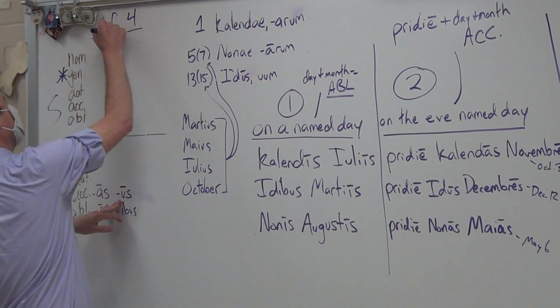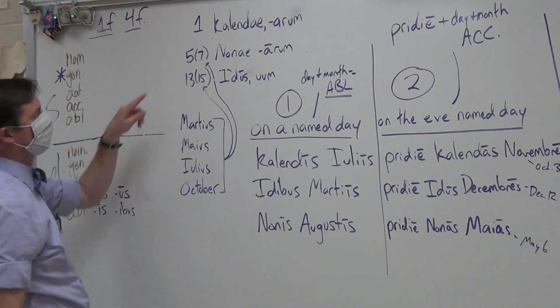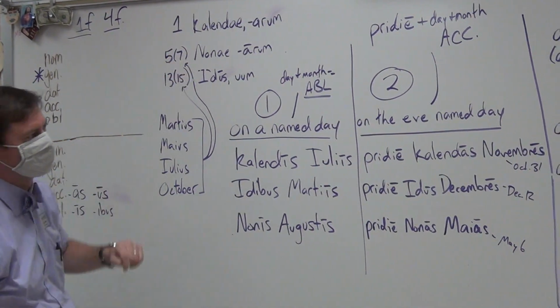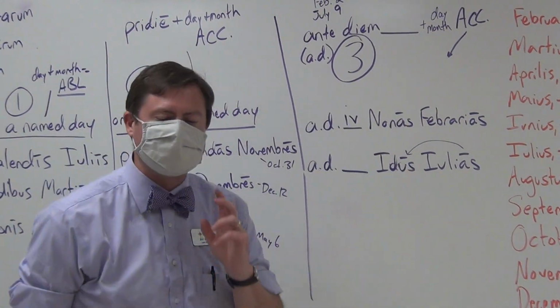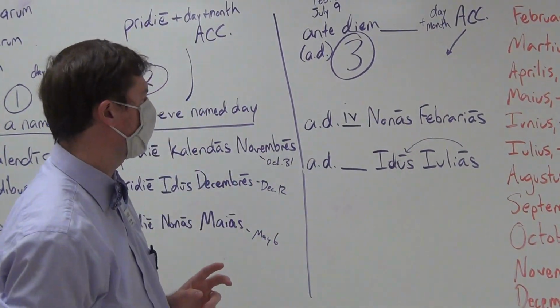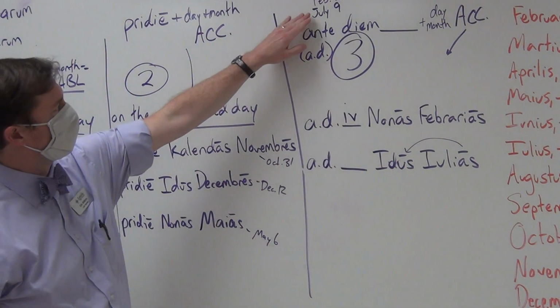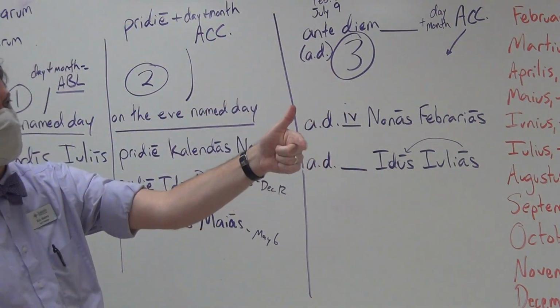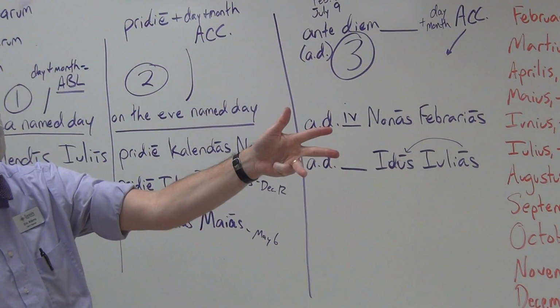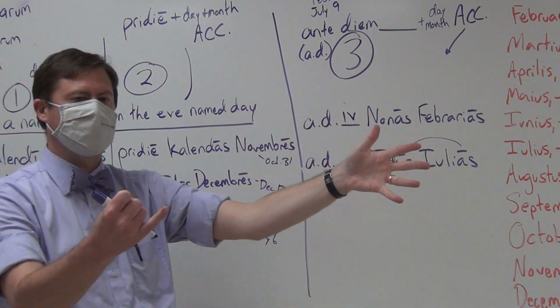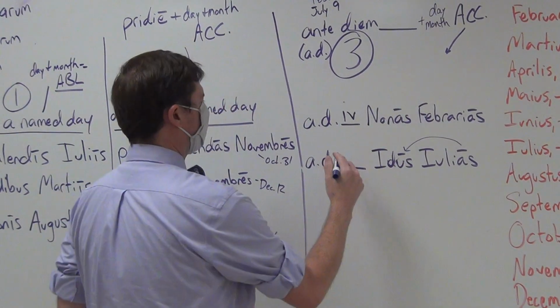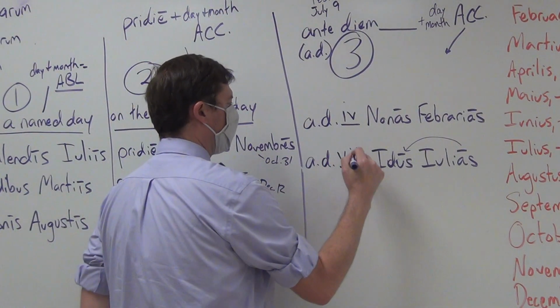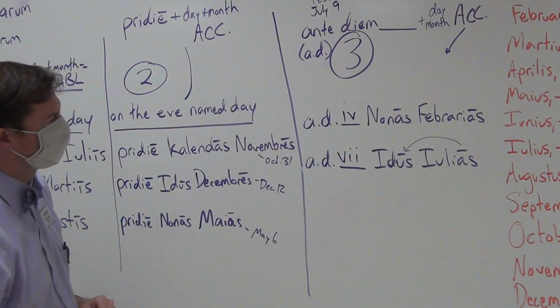But remember, all the named days are feminine. So let's count. And remember, how did the Romans count? Inclusively. And so, we're starting on the 9th, 10th, 11th, 12th, 13th, 14th, 15th. That's 7. VII.